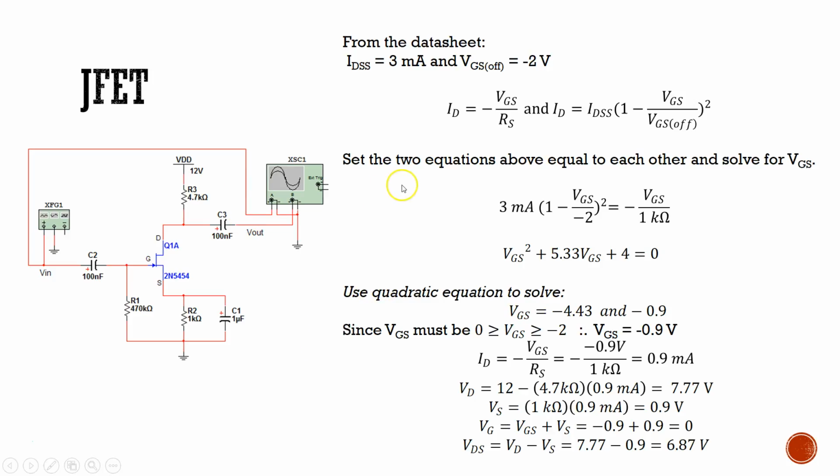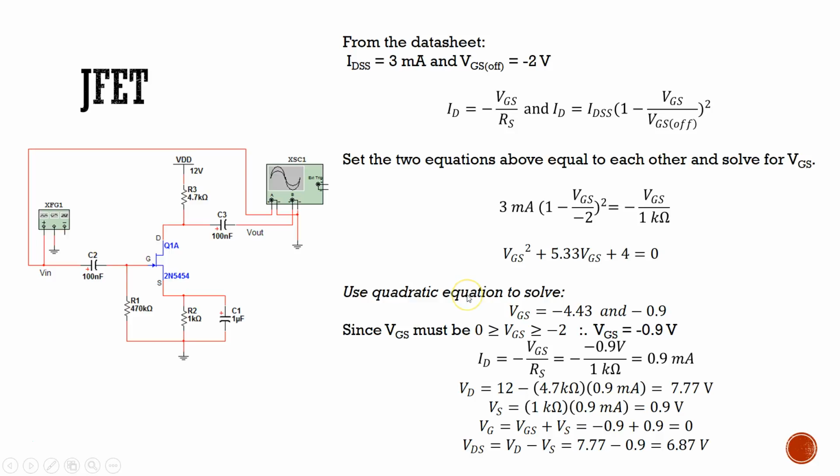Okay, so here's our circuit, and from the data sheet, IDSS is 3 milliamps and VGS off is negative 2 volts. And we have these two equations for ID. So we set the two equations equal to each other and plug in the values. Now this equation is over here and this equation is over here, but we set the two equal to each other and solve.